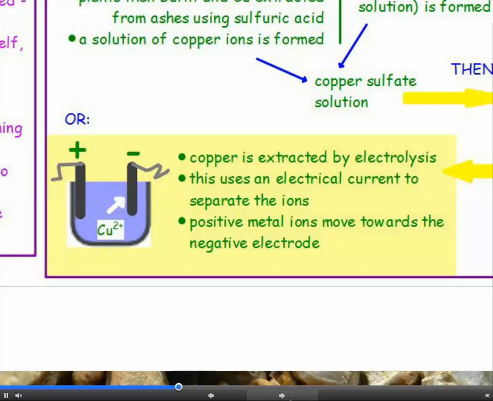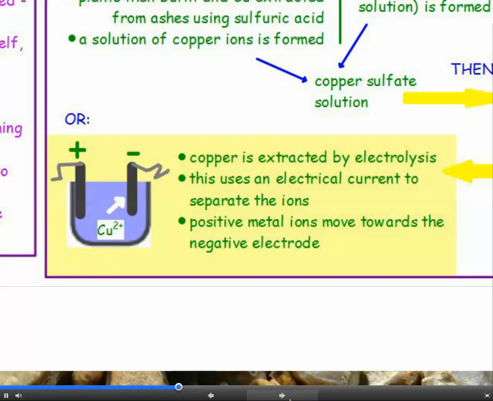Or we can extract the copper by electrolysis. Now this is using electrical energy to separate the ions. So we pass an electrical current through the copper sulphate solution. We have electrodes in the solution. We have a positive and a negative electrode. Metal ions are positive. Now opposites attract.